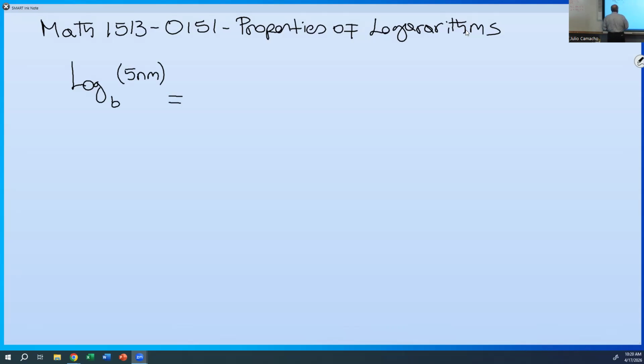in three different sections. So the first one will be the log of b to the 5 plus the log of b to the n plus the log of b to the n.